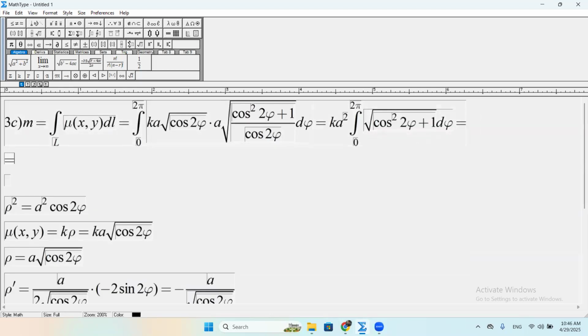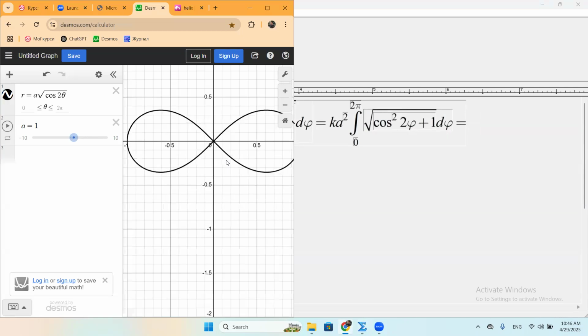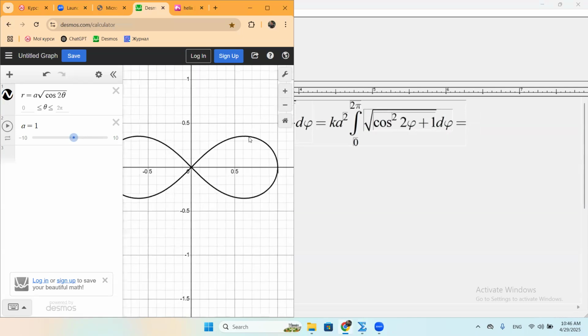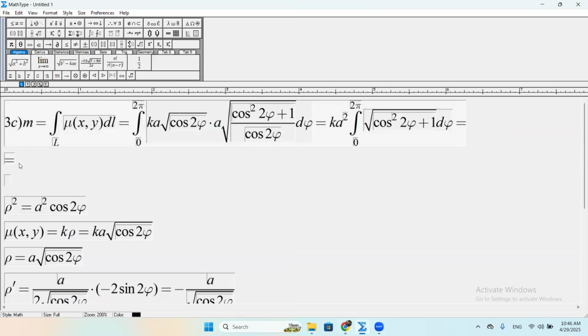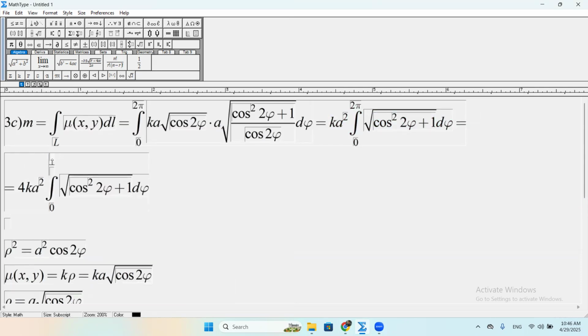As we can see, this lemniscate is symmetric, so we can just integrate along this segment and multiply it by 4. So 4, and here we integrate from 0 to pi over 2. Then what can we do here?